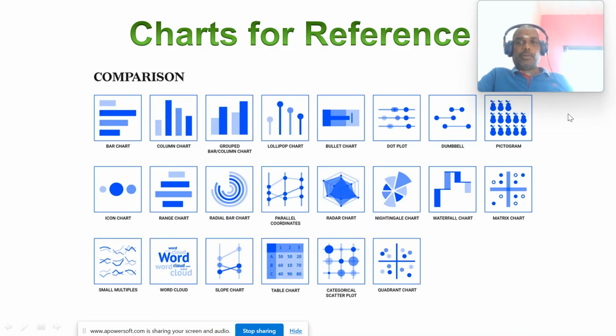And the bullet chart is quite interesting. You will have a low value, a higher value, and the median, as well as the outliers. You can easily find them from the bullet chart. And the dot plot chart you can see here.